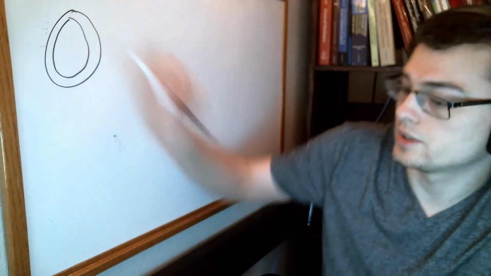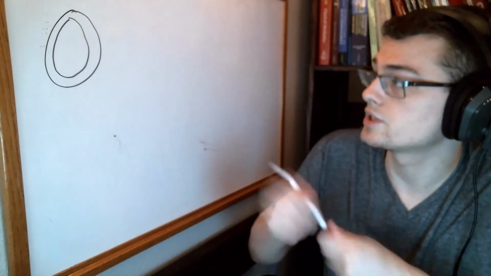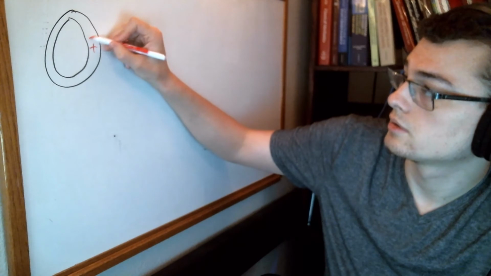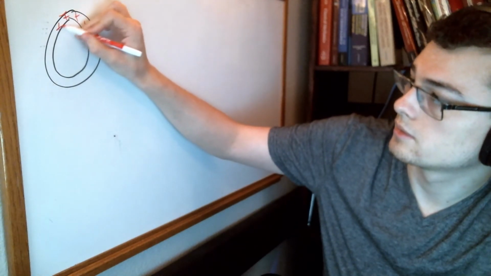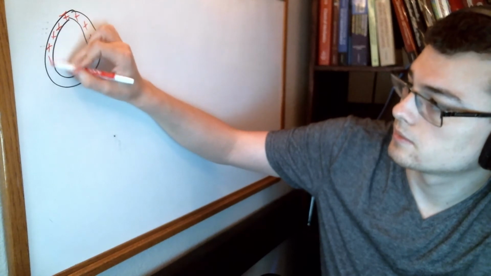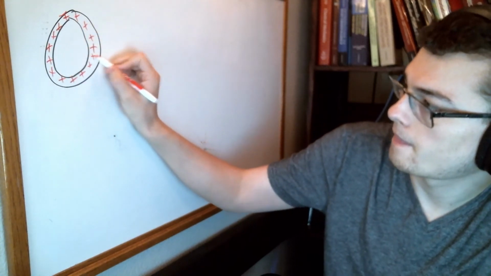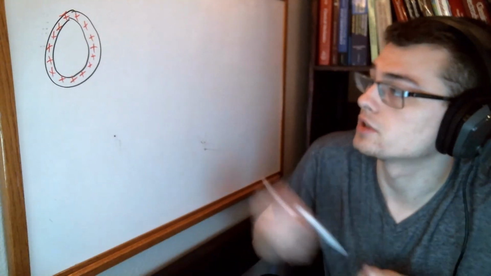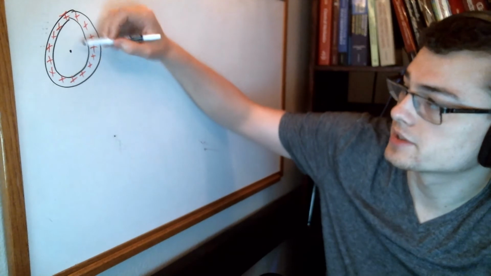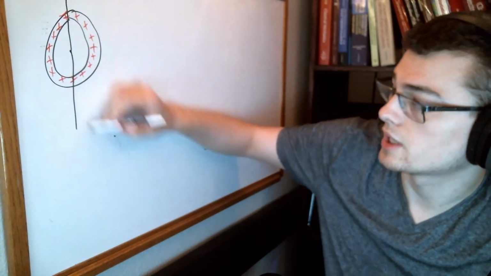And the ring is going to be stuffed with some positive charges here. Okay, and so this ring here, we can define the origin at the center of the ring, and we'll have axes going out either way.